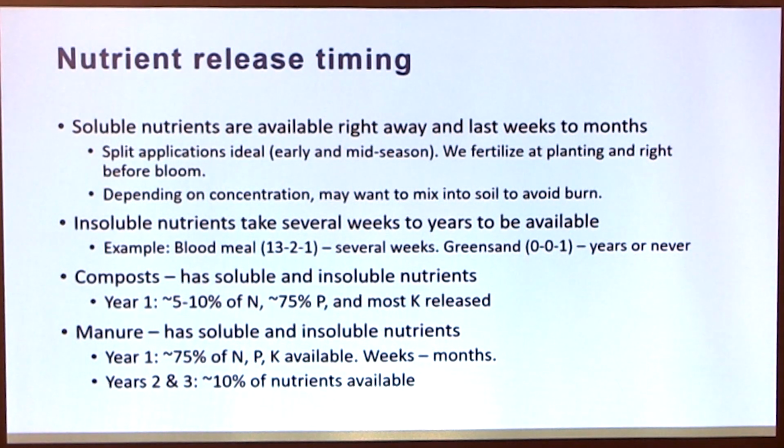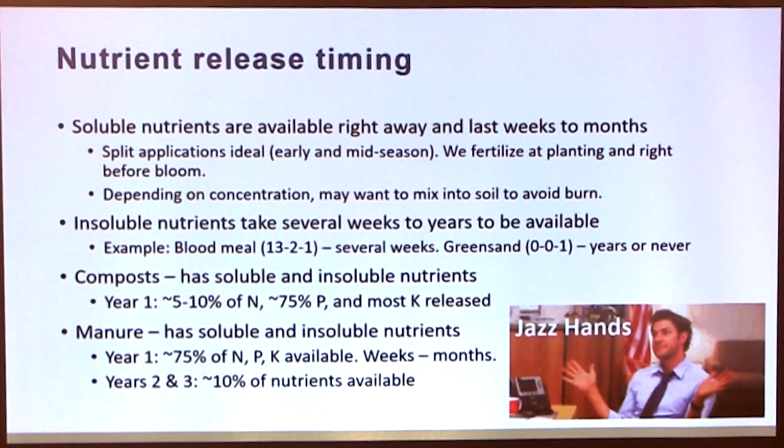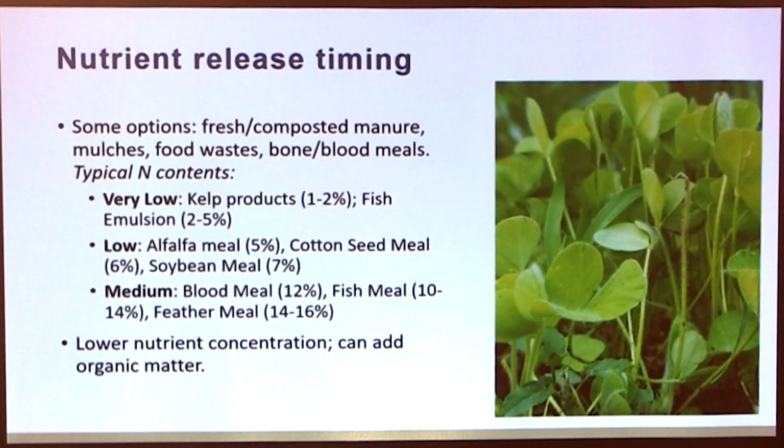I have to breeze through this quickly, but I just wanted to say what you can expect from compost and manure in terms of nutrient availability. I'm giving it jazz hands here because this is all just a general rule of thumb, nothing set in stone. So a little more on nutrient release timing and thinking about different options. These are some of the more organic options. Blood meal is another good one for nitrogen only.